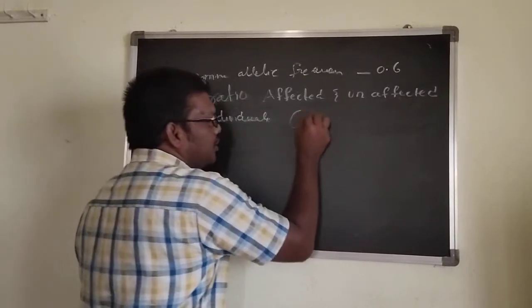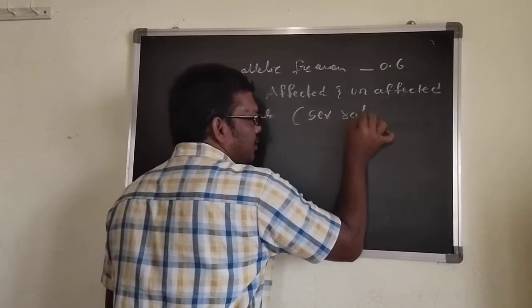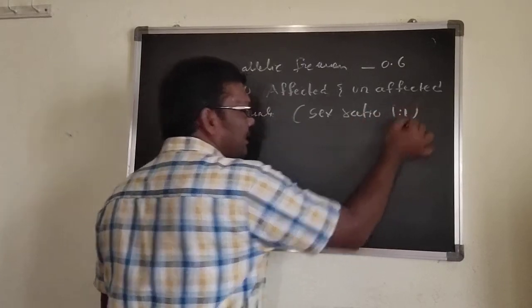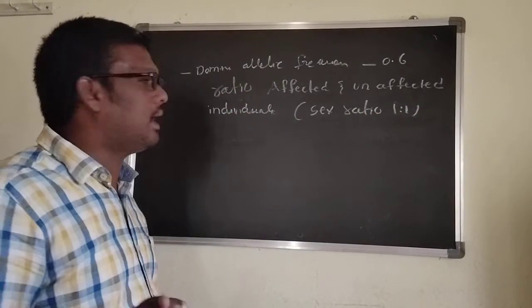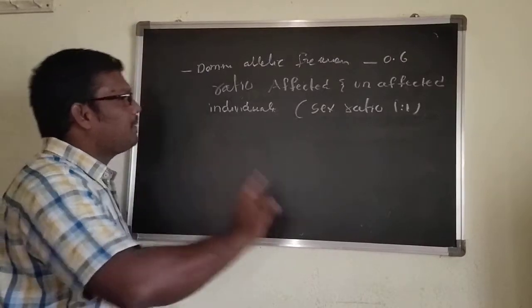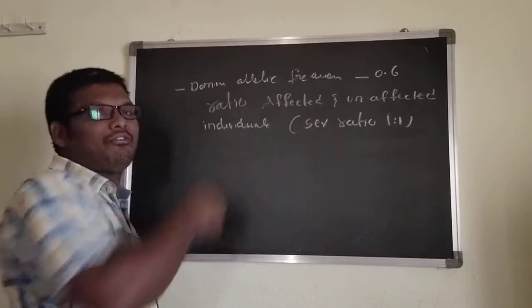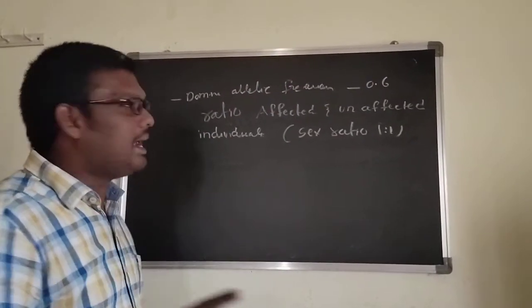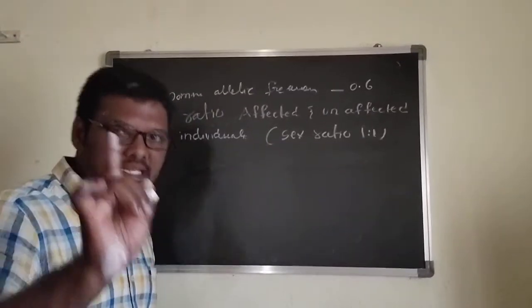If the sex ratio is 1:1, that is one female, one male. Here first keep in mind, they give the dominant allelic frequency. Dominant allelic frequency means compulsorily that person is affected.